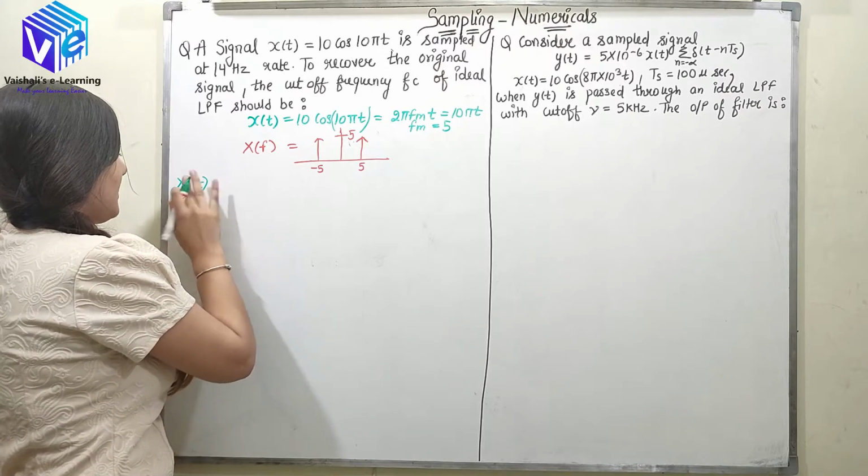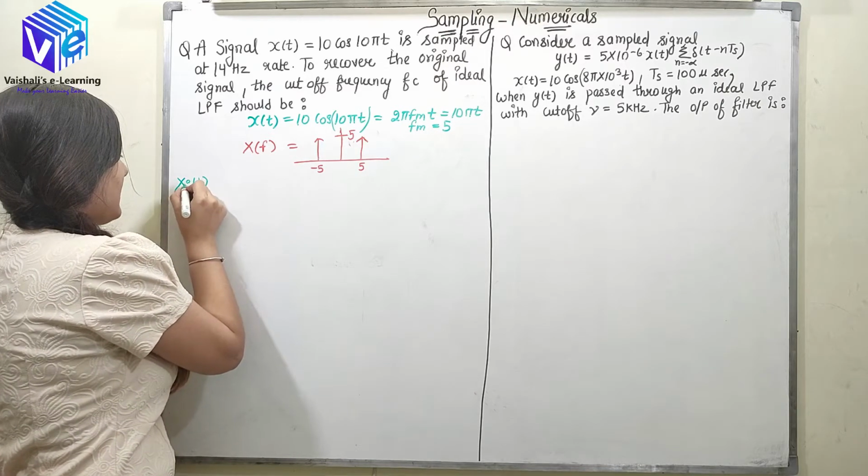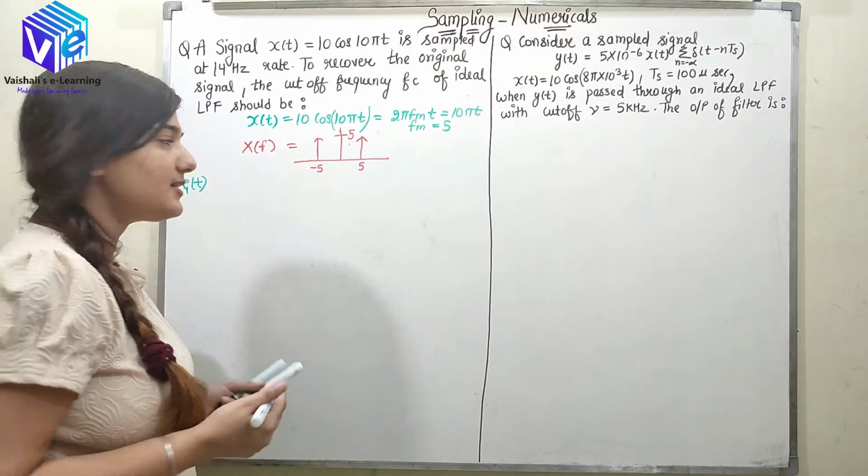I can take it as xi(t), representing the instantaneous sampling.